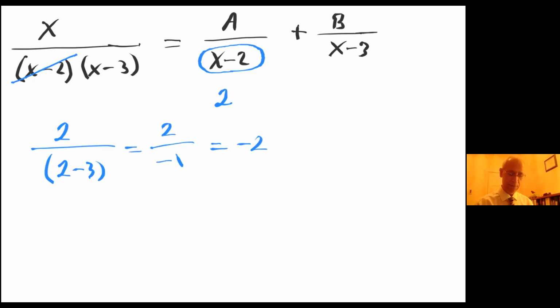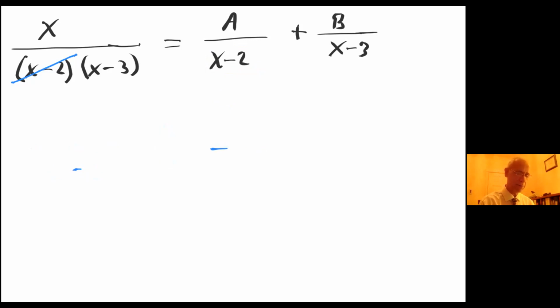How about the value of b? If you want to use this method, which different people call differently, cover and tell, I don't have a name for it. But if you want to use this, what would make this denominator 0 under b? 3 would make that denominator 0.